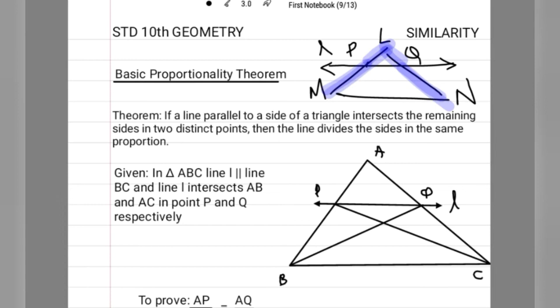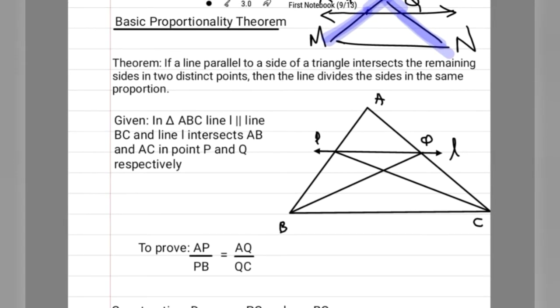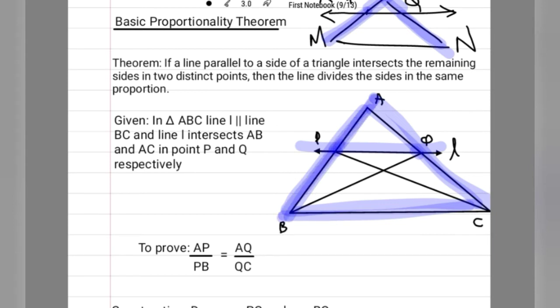I have copied the exact theorem from your textbook here. So the given statement for the theorem is, in triangle ABC, line l is parallel to side BC, and line l intersects the side AB in point P and side AC in point Q. What we have to prove is AP upon PB is equal to AQ upon QC.